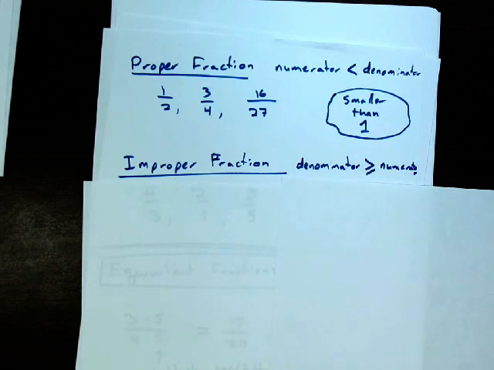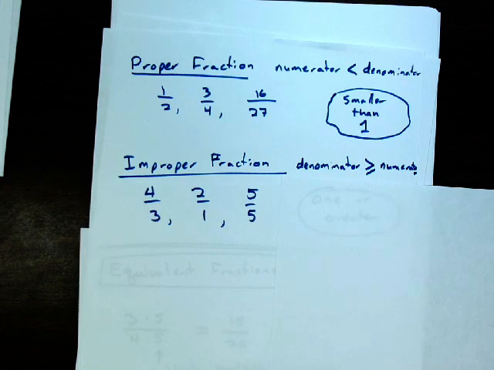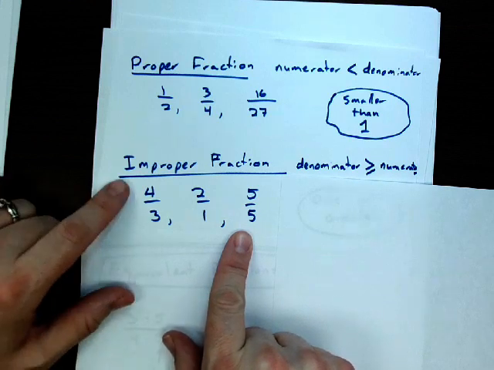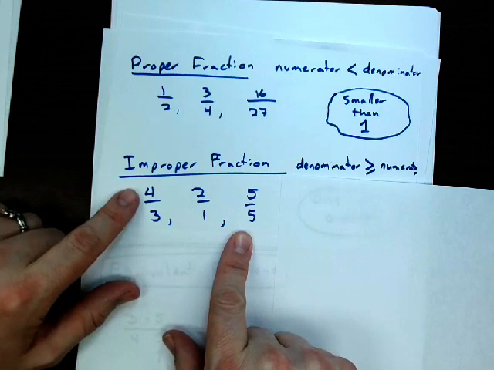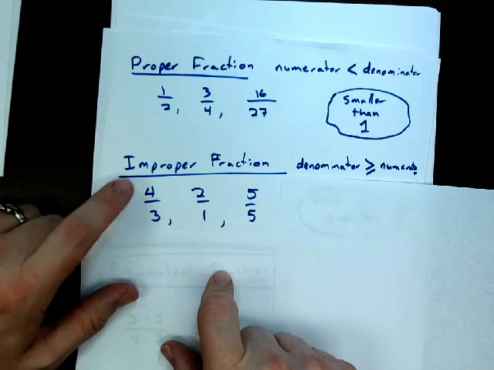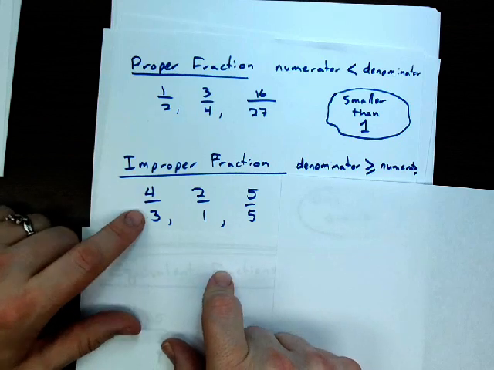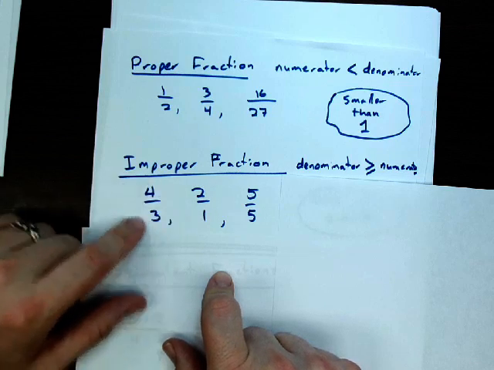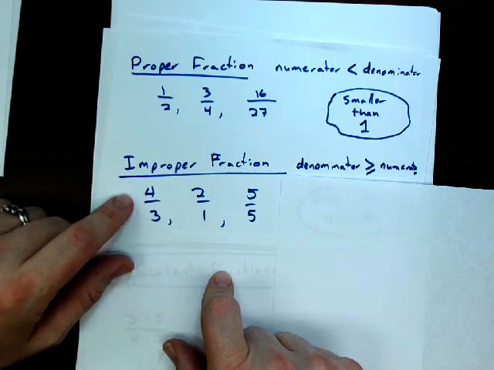So we would have fractions that look like this: 4/3, 2/1, or 5/5. If I've got 4/3, I've got more pieces than would make up an entire whole. So this thing would be 1 and a little bit.